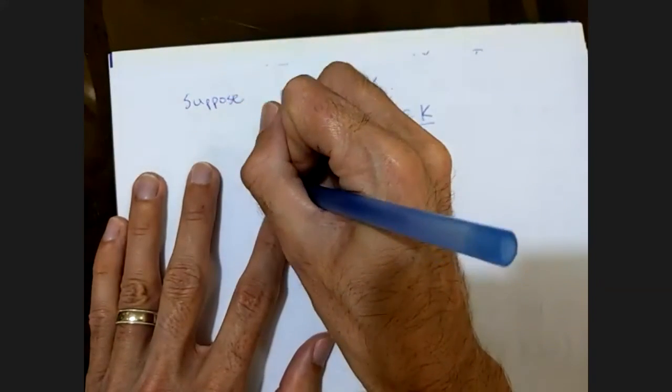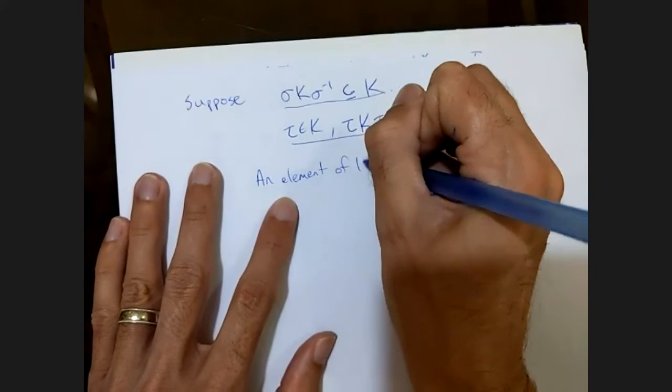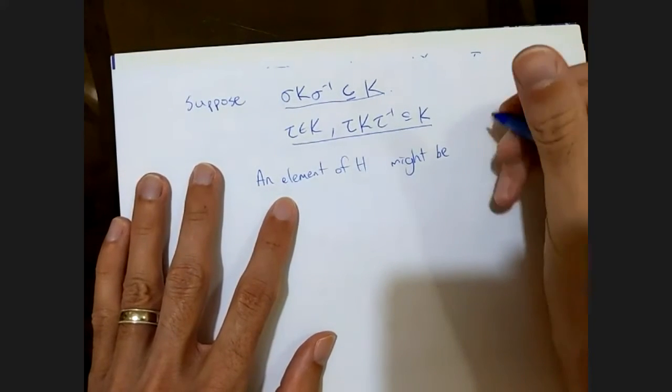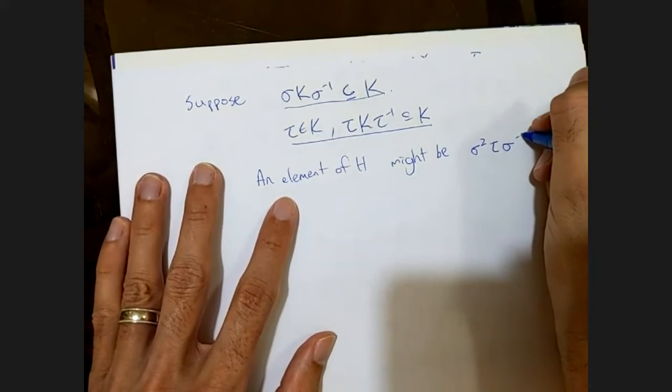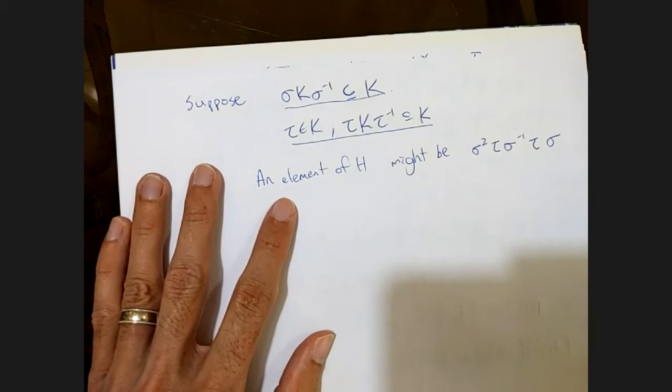So let's write down an element of H, something like sigma squared tau, sigma inverse tau sigma, some combinations of sigmas and taus.